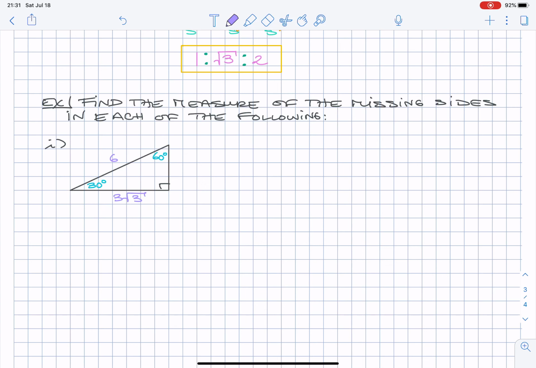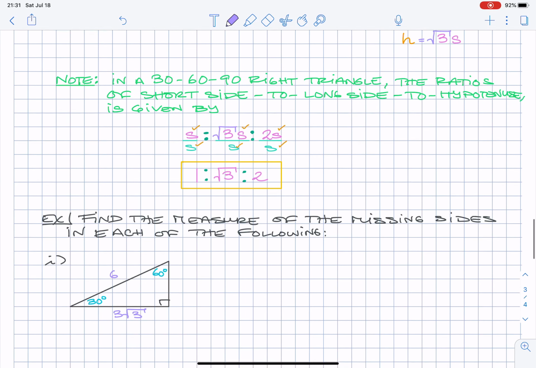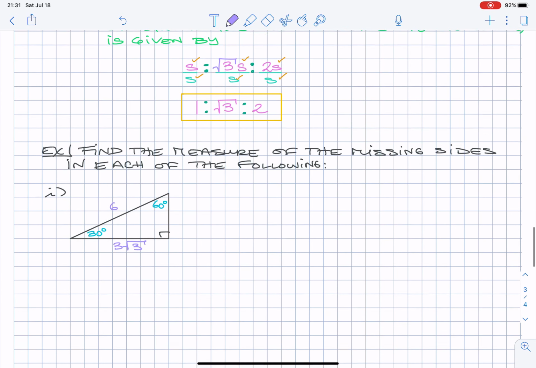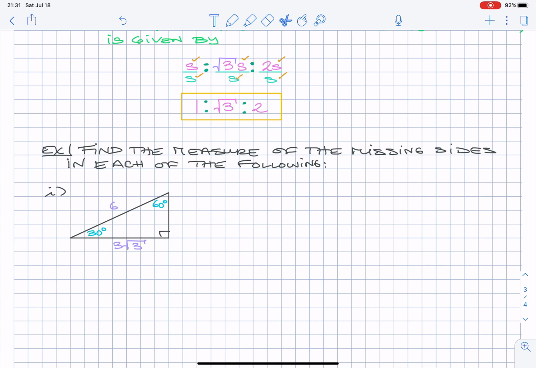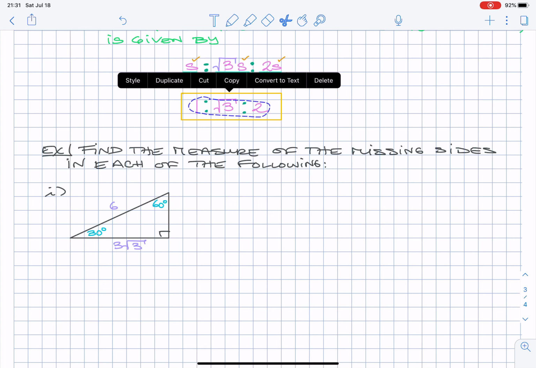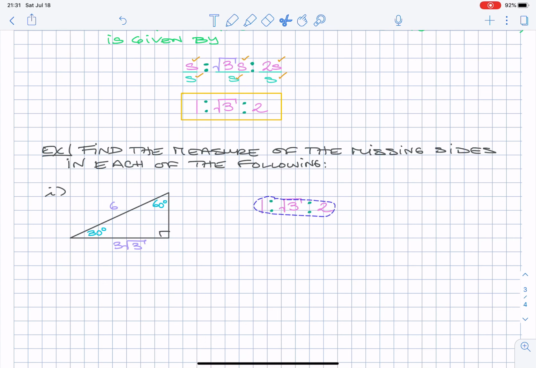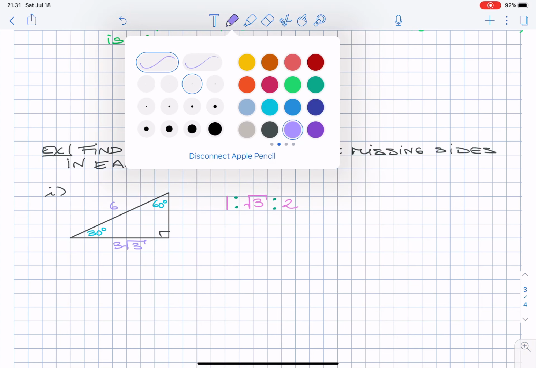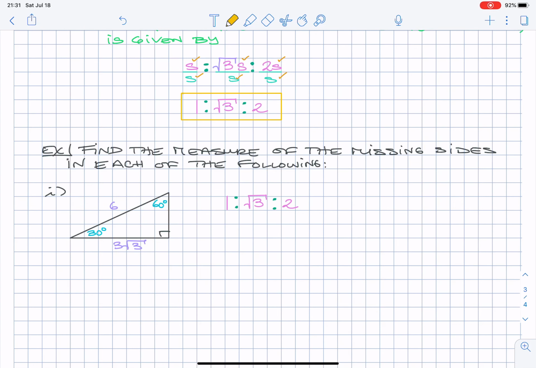So this is a 30, 60, 90 right triangle. So I know that I'm going to use the ratios 1 to root 3 to 2. So let's copy and paste that. But before I use this, let's note that this corresponds to what? 1 would be the short side.